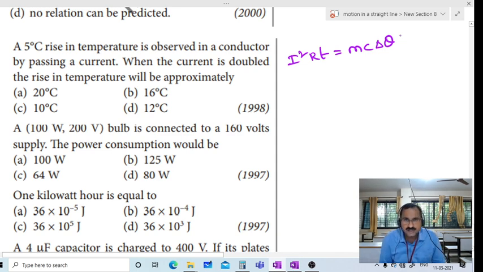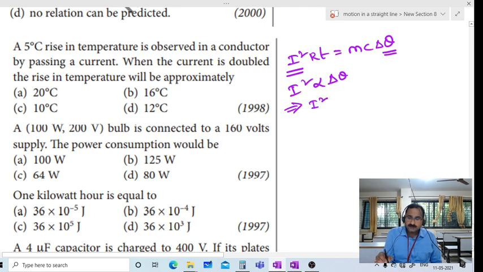Now write the relation there. What is the relation required? Current and temperature. The heat energy produced here, and the general heat energy formula you study in thermal properties of matter, is mc delta T. So I square is directly proportional to delta T. So what do we write?